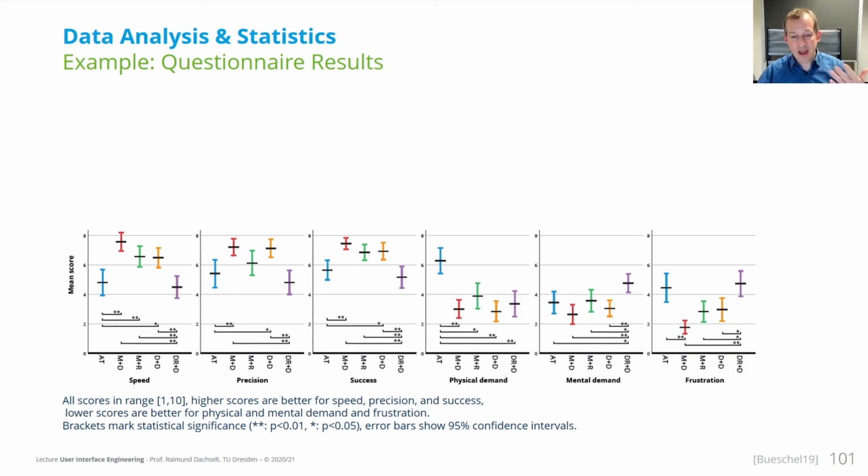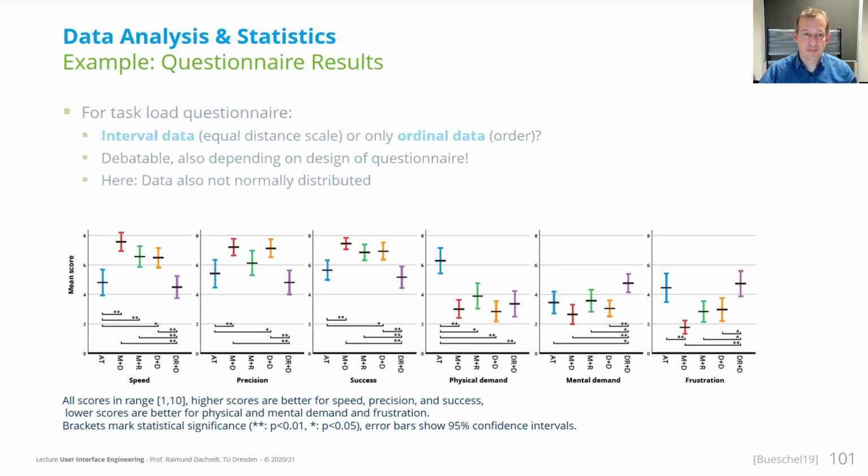So this is a way of how to interpret it. And then for physical and mental demand and frustration, of course, the lower scores are the better ones. And you also see that the frustration was quite low for the spatial variant, because it was so natural to move the mobile phone that way.